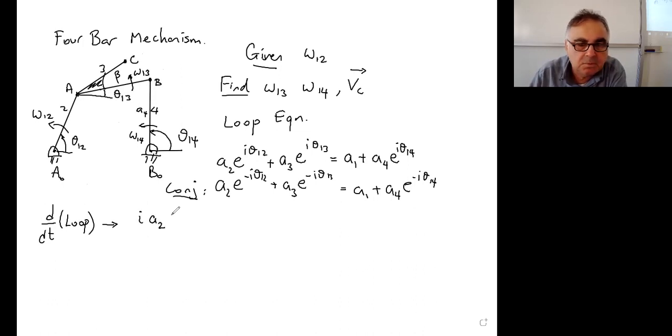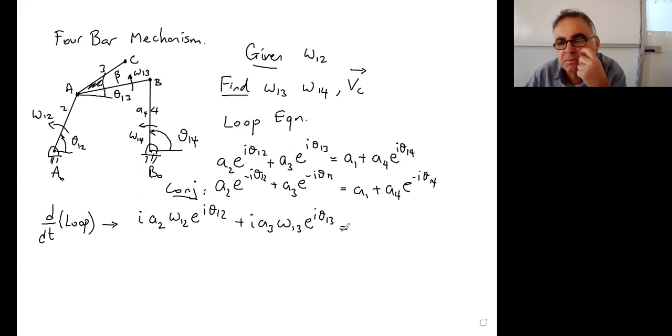I A2 omega 1, 2 e to the I theta 1, 2 plus I A3 omega 1, 3 e to the I theta 1, 3 is equal to I A4 omega 1, 4 e to the I theta 1, 4. The A1 vanishes because it's a constant.